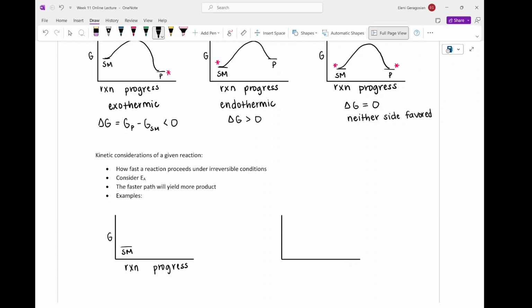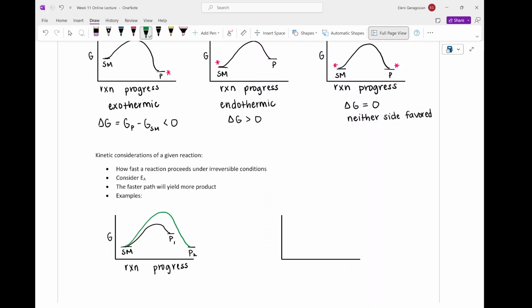Starting material and two products can form, let's say, product 1 and product 2. Now let's also say that starting material to product 1 has about that high energy of a transition state. And then I'll use green here, and we'll say product 1 to product 2 has about that high energy transition state.